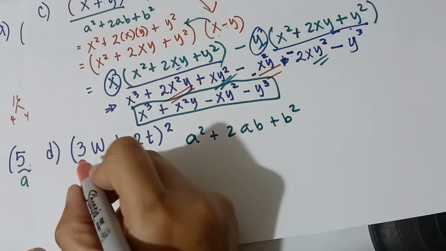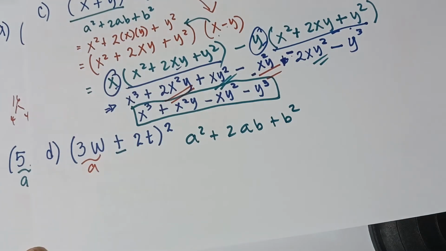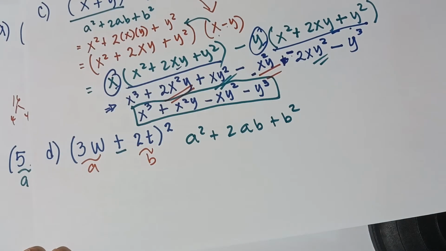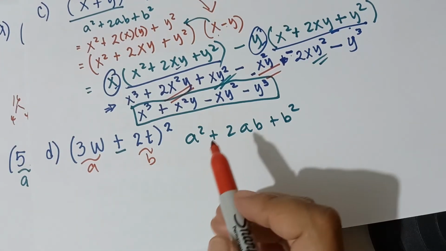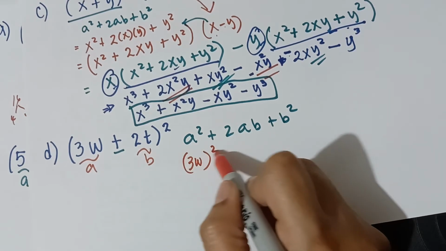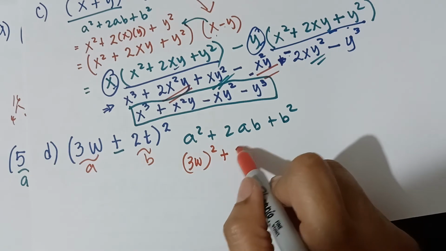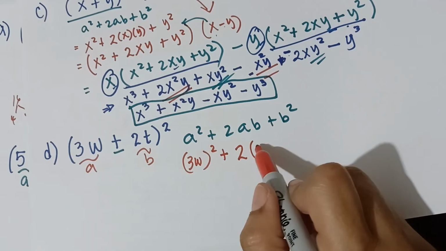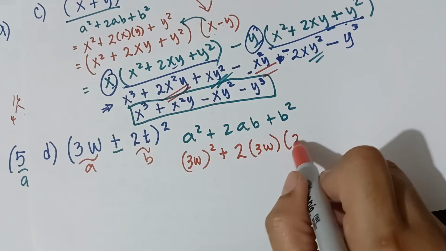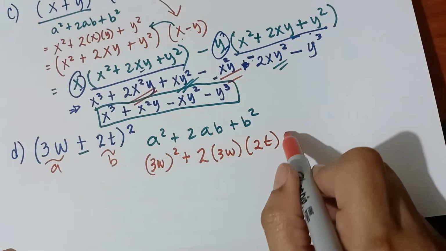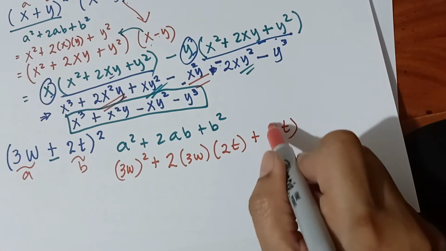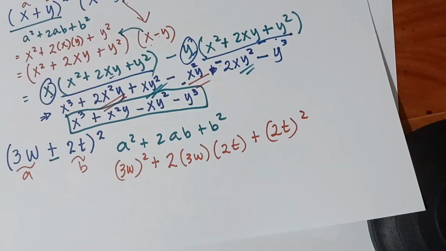So, the a here is this, the 3w, and the 2t is the b. So, substitute this in this formula. We get 3w squared plus 2 times the a, which is 3w, times the b, which is 2t, plus 2t squared.